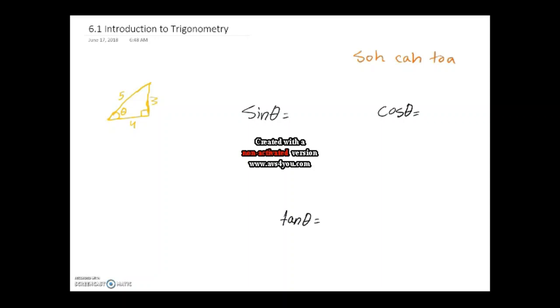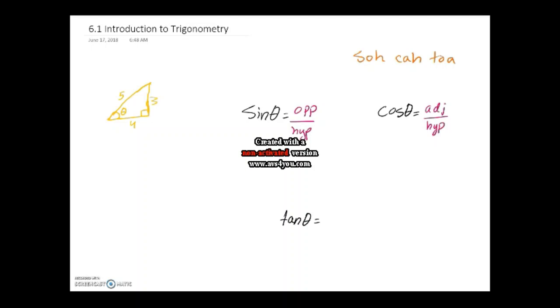So sine theta equals, as we said in SOHCAHTOA, opposite over hypotenuse. Cosine equals adjacent over hypotenuse.